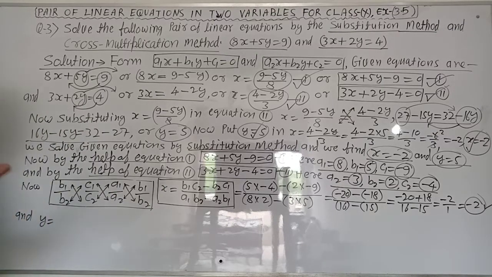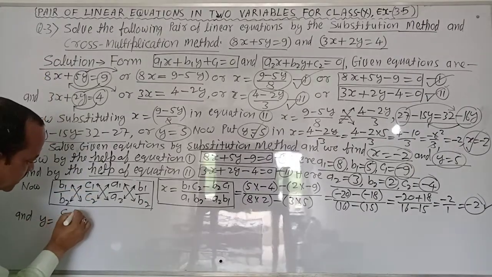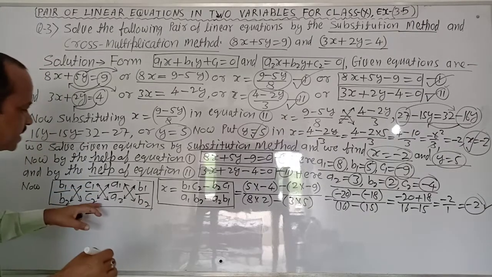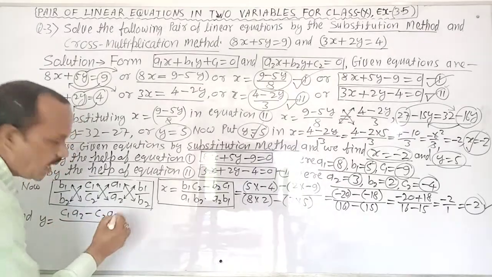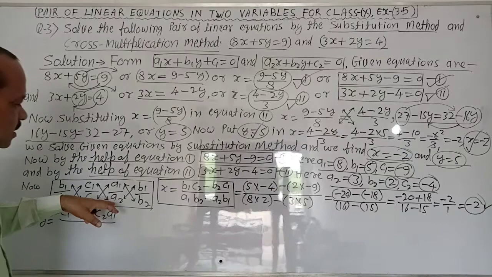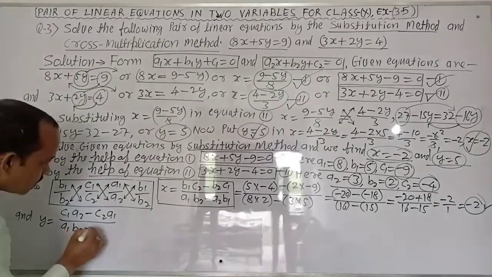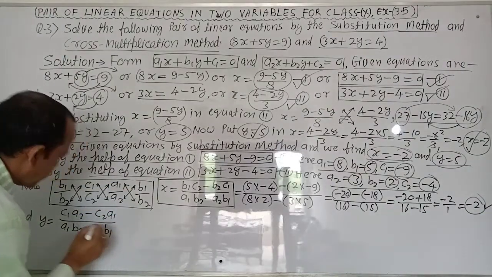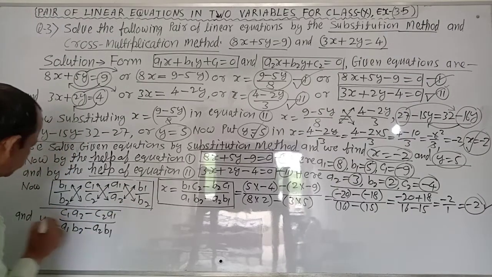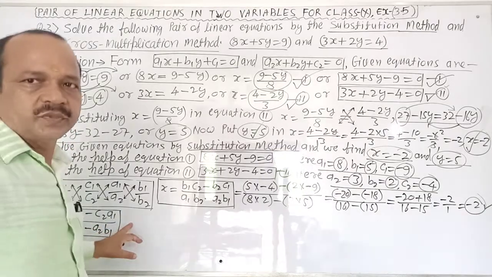And y equal to here C1 A2 minus C2 A1 upon A1 B2 minus A2 B1. Put the value. Clear?